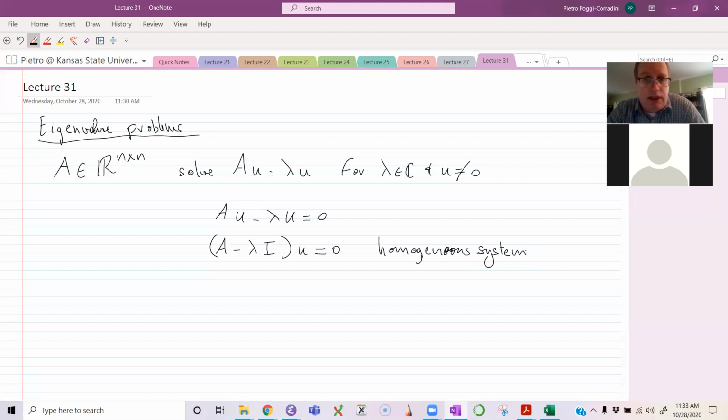And homogeneous systems are always consistent. There's always the solution u equals 0. The question is, is it the unique solution, in which case, because of this condition here, there are no eigenvectors, or are there infinitely many solutions? And so the eigenvalues correspond to the lambdas that make this system have infinitely many solutions.